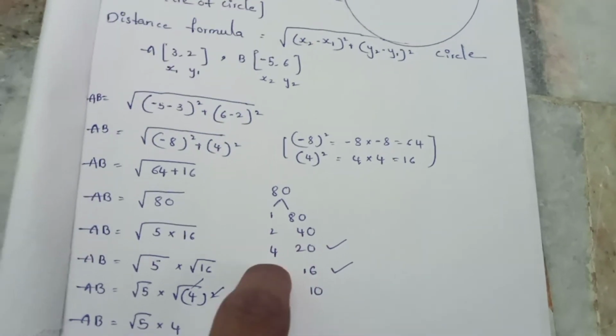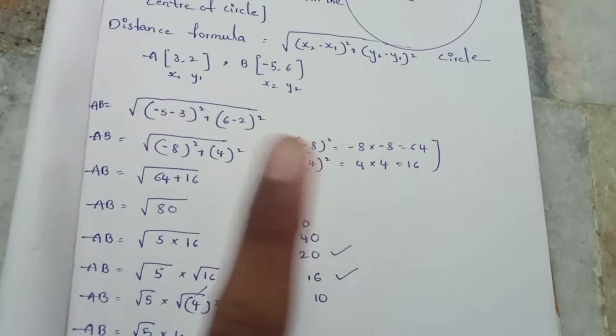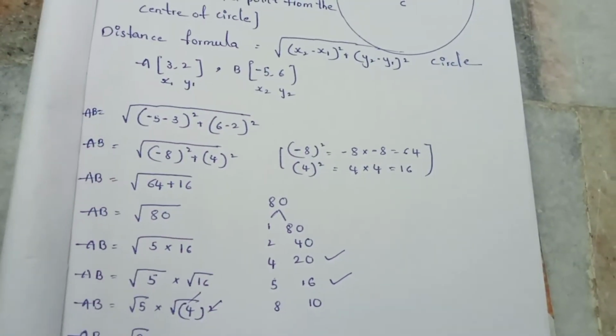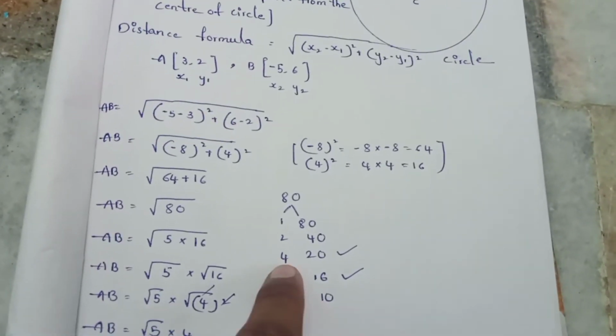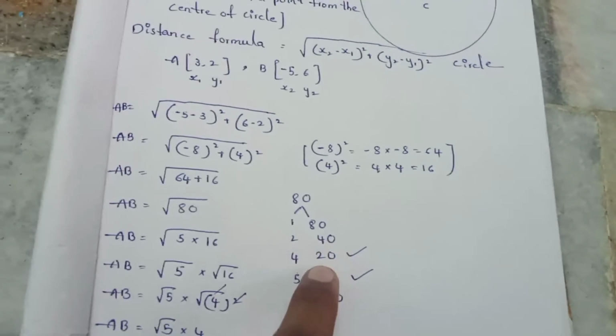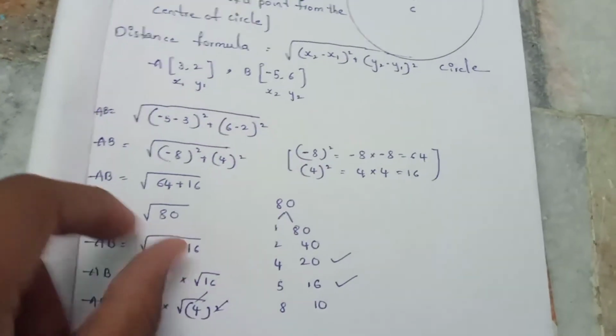Now 4 is a perfect square, because 4 can be written as 2 square. The numbers which are written in the form of squares are perfect squares. 20 is not a perfect square.